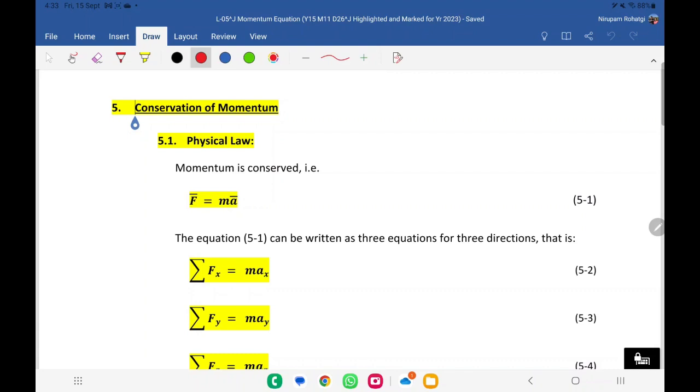Now again, what is the physical law which is governing this equation? The physical law is that momentum is conserved. This is what we know as Newton's law.